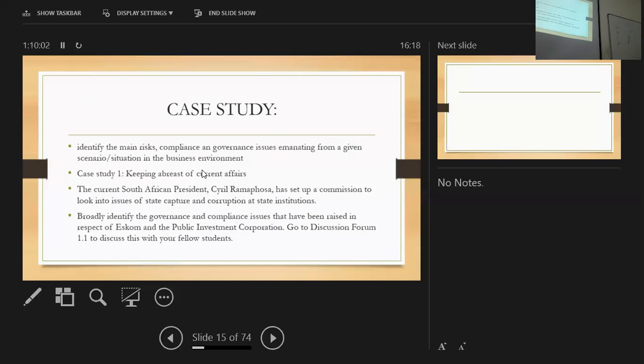And this is what you need to do. Go to discussion forum 1.1 to discuss this with your fellow students. It's actually a task that you guys are supposed to do. You get the sense?